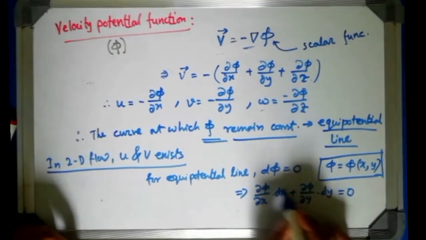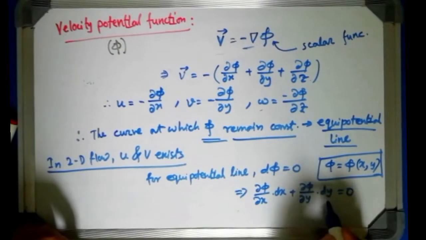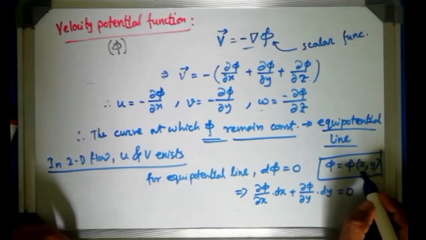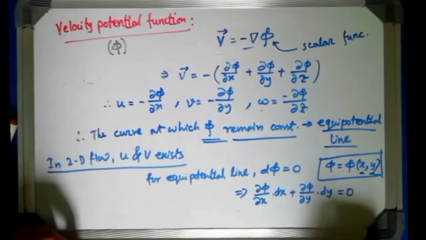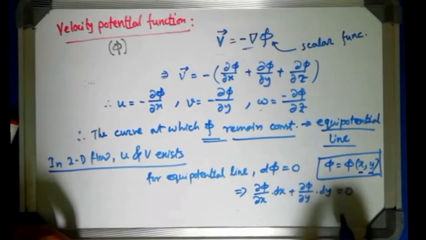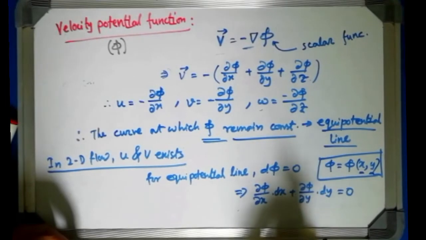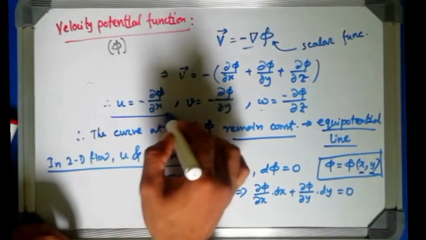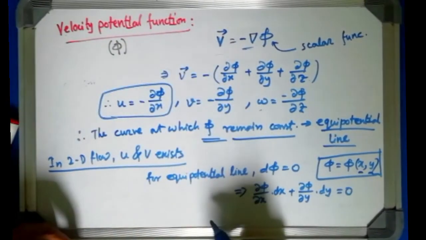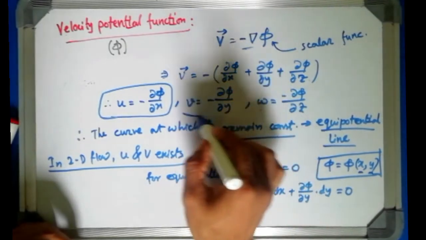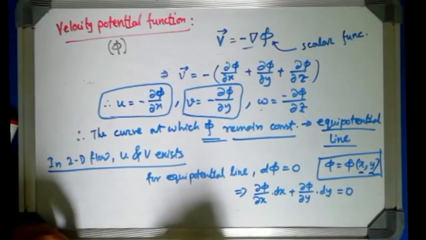The total derivative can be expanded in this pattern because phi depends on two different variables, so it can be expanded in this partial derivative form. They are basic mathematics. Now already we know u equals minus del phi del x and v equals minus del phi del y.